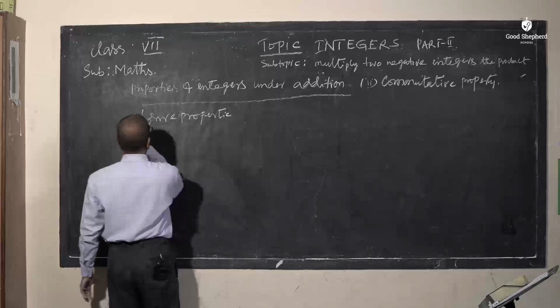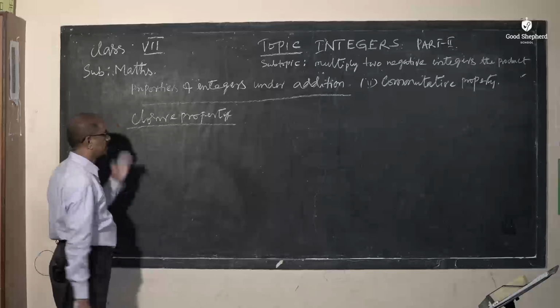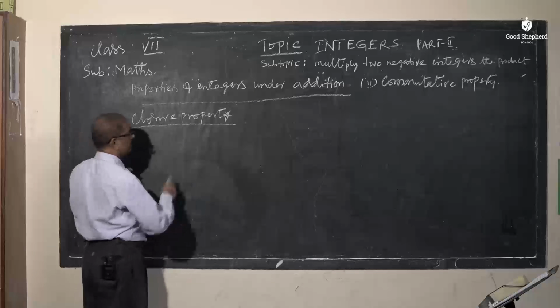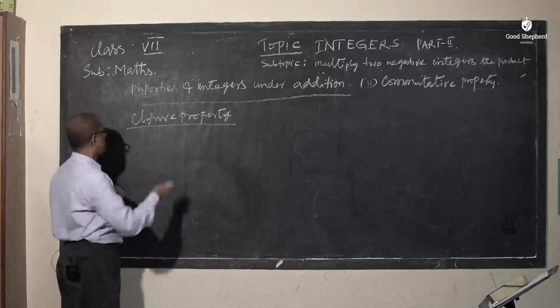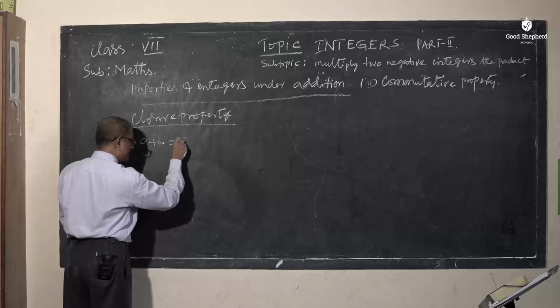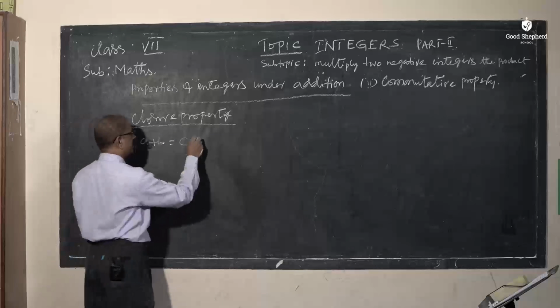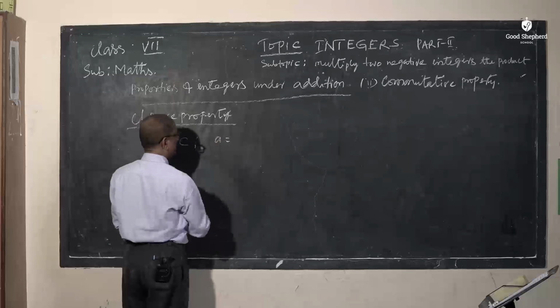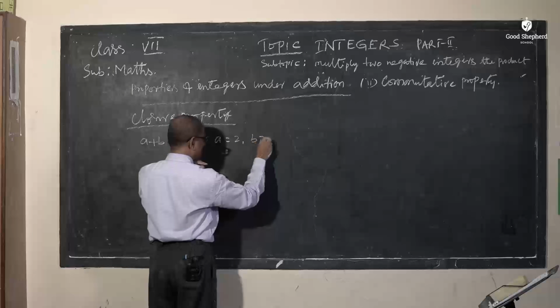What do you mean by the closure property? It is very simple. Take any two integers, and a plus b must be some number, called c. So, a is 2 and b is 3.